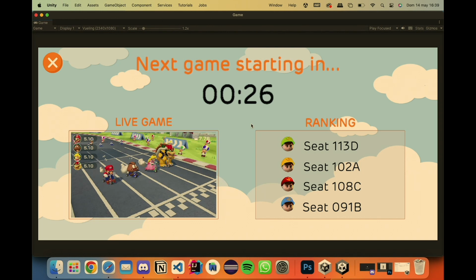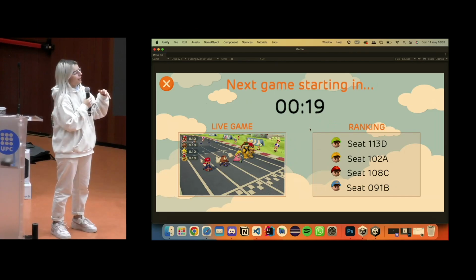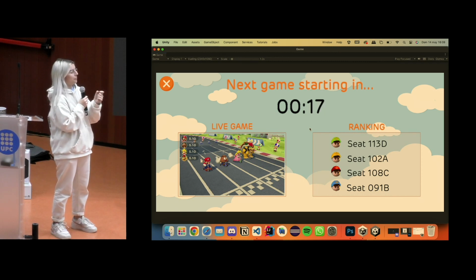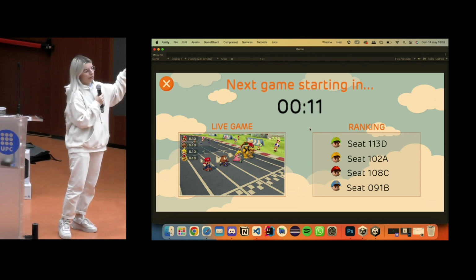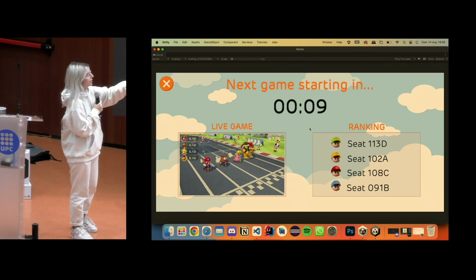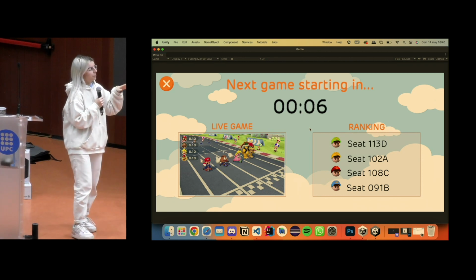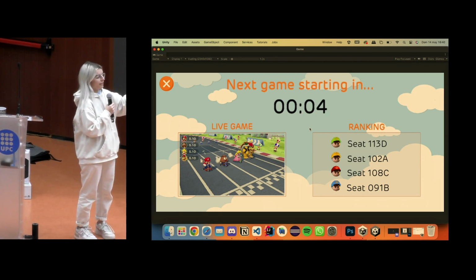We thought about making 3-4 short games per trip. While you're waiting for your game to start, you will see a stream of the current game and how the ranking is going. Each person is identified by their seat number.